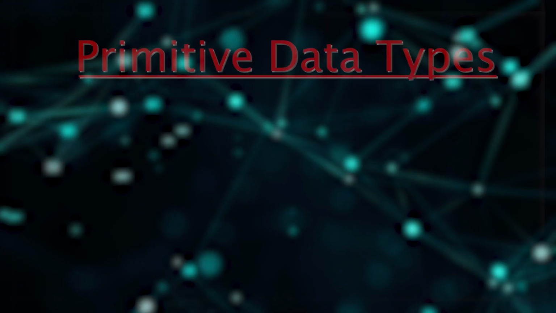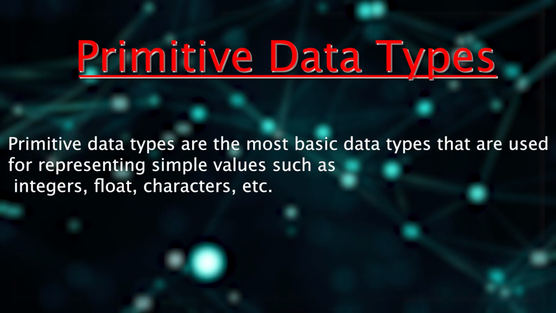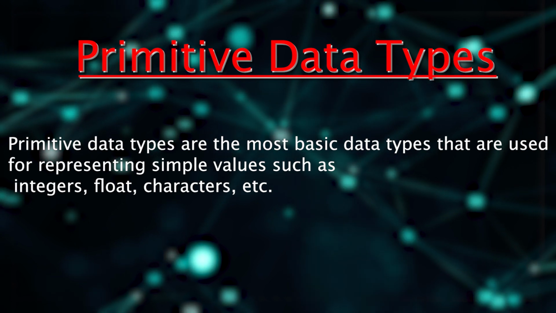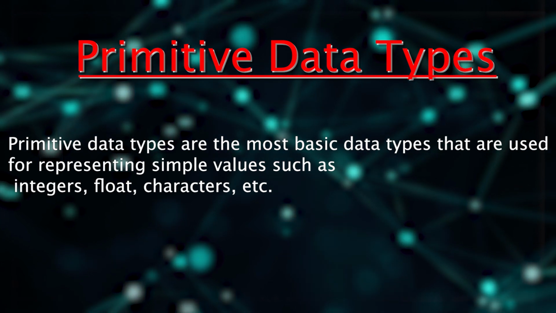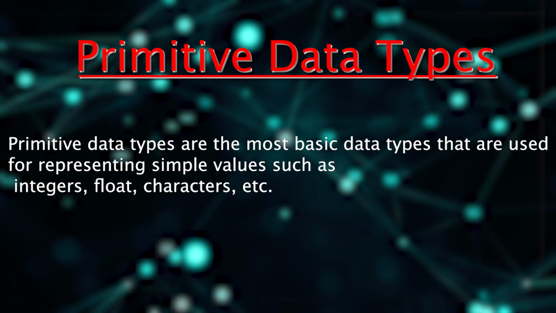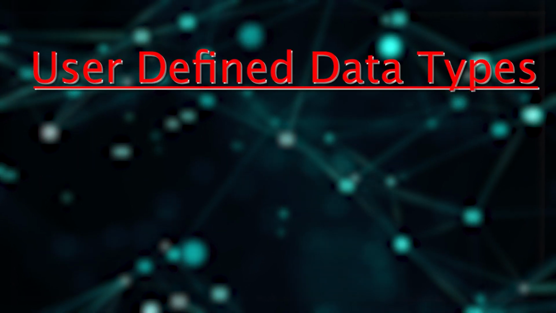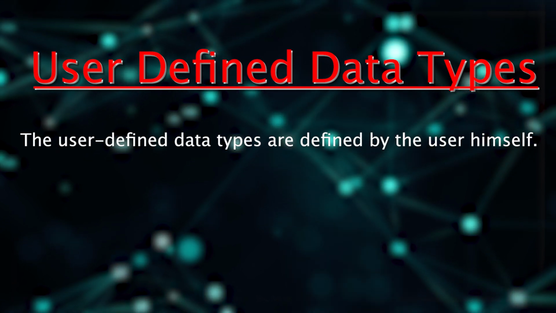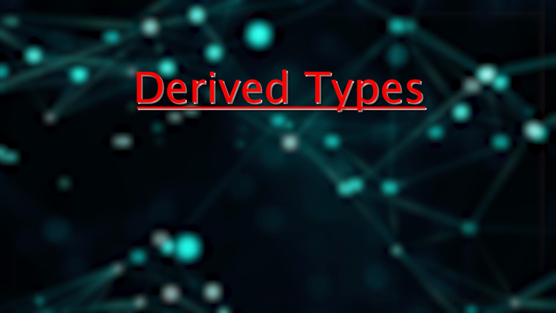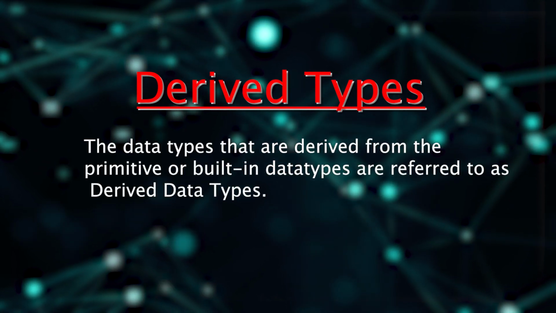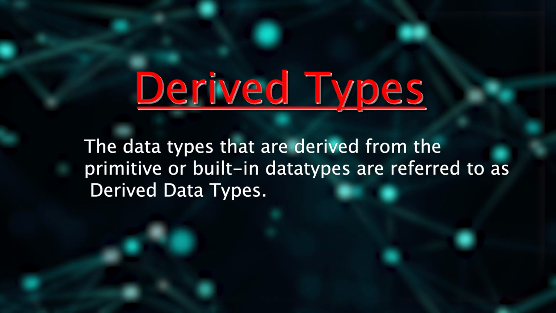Primitive data types are the most basic data types available in C, in a simple format, like characters, integer, float and double. User defined data types are defined by the user himself, and the last one is the derived data type that is derived from the primitive, or we can say predefined, data types.